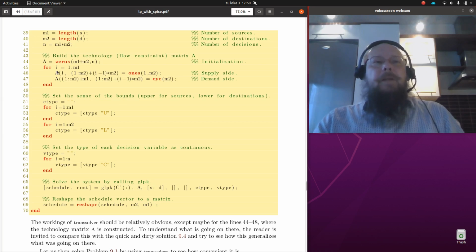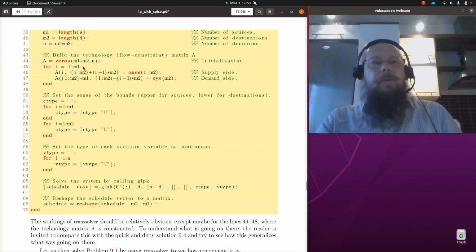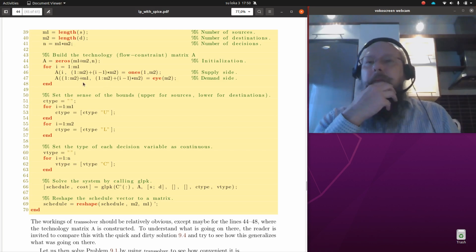And now this is a trick, so I have actually an i going from 1 to M1. So it's the number of sources, and then I fill in the supply side and the demand side at the same time. So here we use what we had in the exercises about block matrix formulations, and this is where that is very convenient.